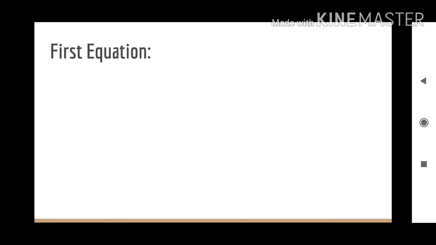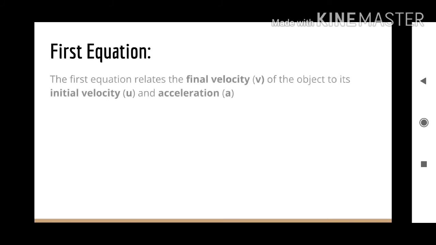The first equation relates the final velocity of the object to its initial velocity and acceleration. So here we will be relating v with u and a. The equation is of the form v is equal to u plus at, where v is final velocity, u is initial velocity, a is acceleration, and t is the time taken by the object to achieve that acceleration.